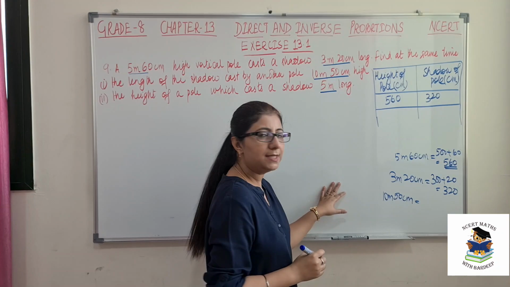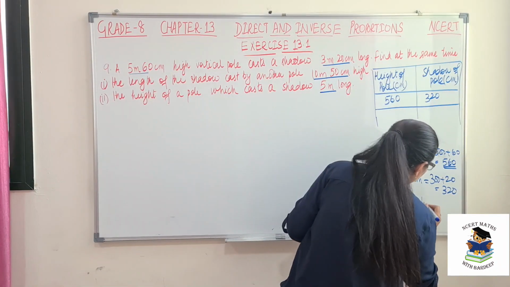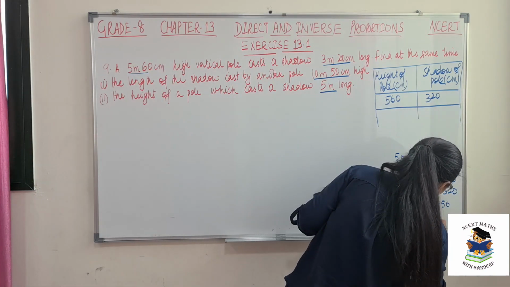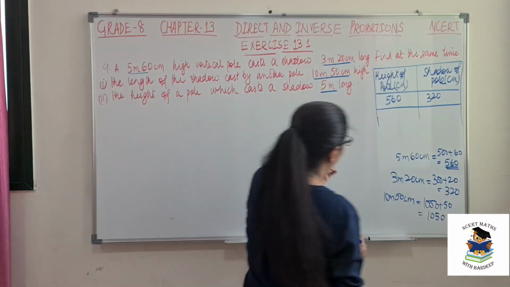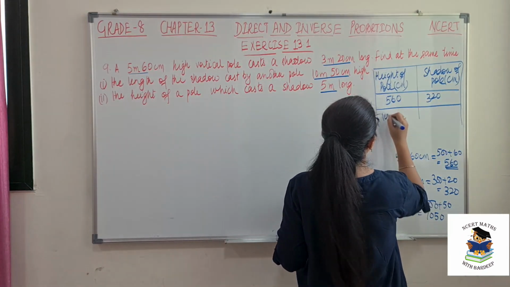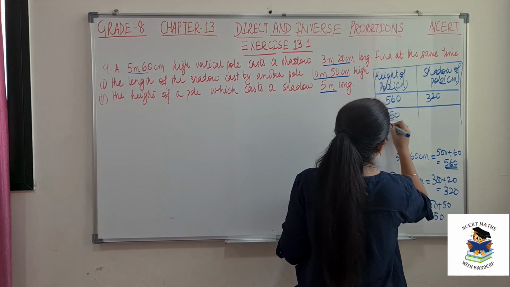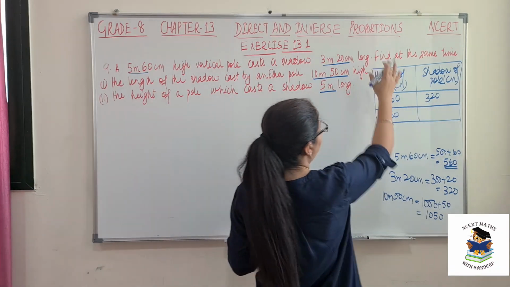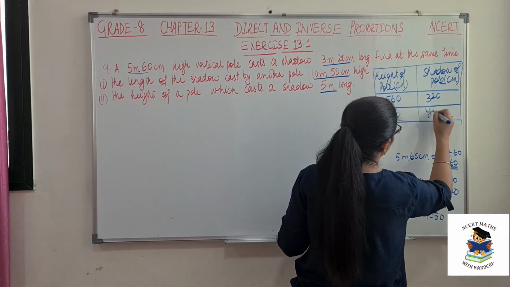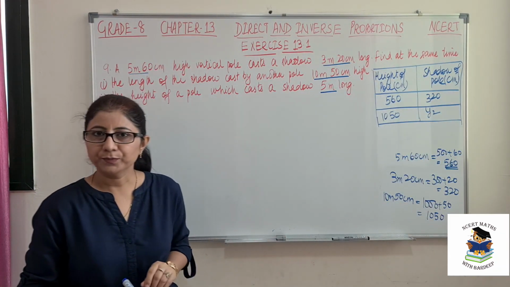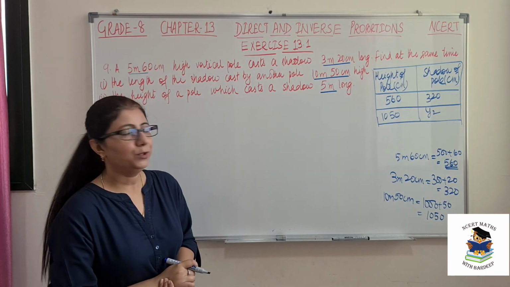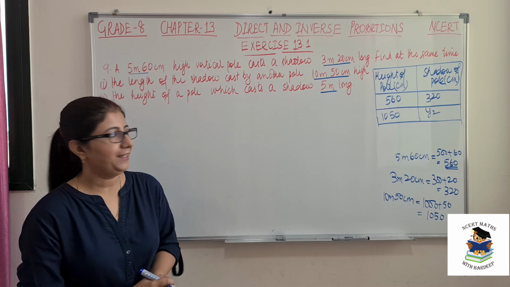So 10 meter means 10 into 100, that is 1000, plus 50, so 1050. So the height is 1050 and we should find what? Shadow. So x and y. So this will be y2.